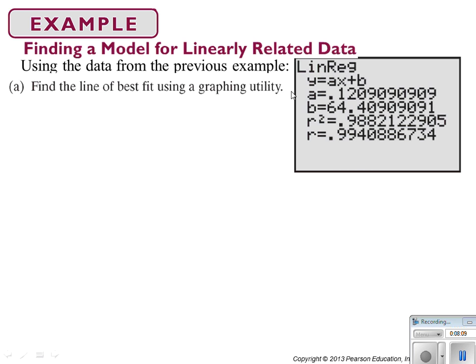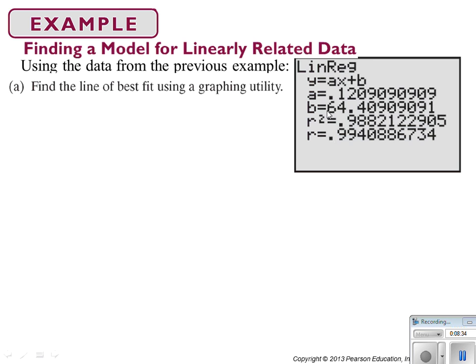The only cautionary thing I say is if your linear regression doesn't give you a correlation coefficient, or this R value, you need to turn your diagnostics on. A correlation coefficient tells you how closely your data matches the line, and the closer you are to 1 or -1, the better your data fits a line.